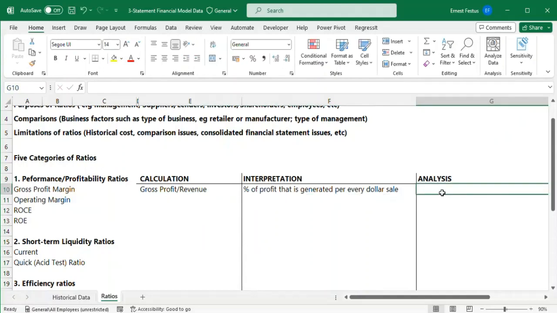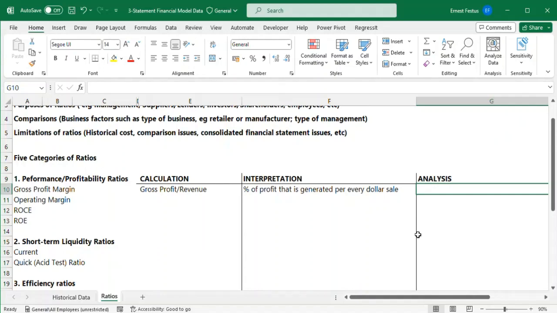And then also there are many factors that impact the gross profit margin, because there are a lot of things that impact revenue, as I have already stated. So we analyze ratios based on the components of the ratio. What are the components of the ratio? What affects those components of that particular ratio? This is how we analyze the ratio, and then we compare it with other things that are related to those components.